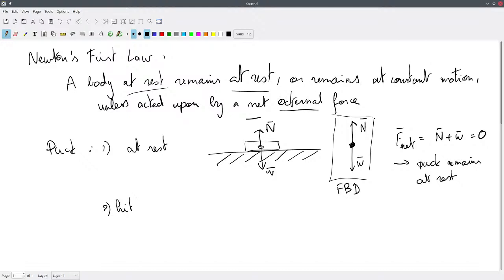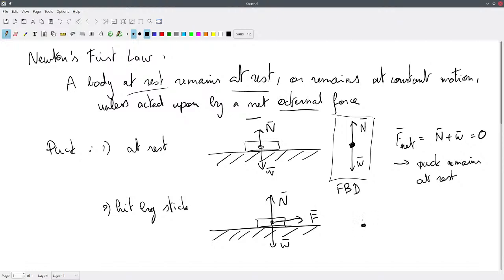Then while the puck is hit by the stick, the situation changes. So now we have our hockey puck here. There's still the weight that applies. There's still a normal force, but there's now also a force F due to the stick. So our free body diagram will look like this.